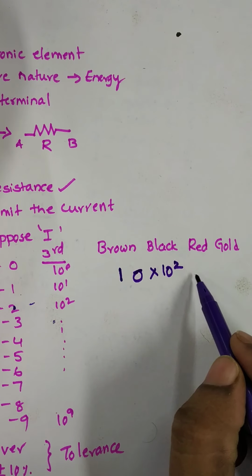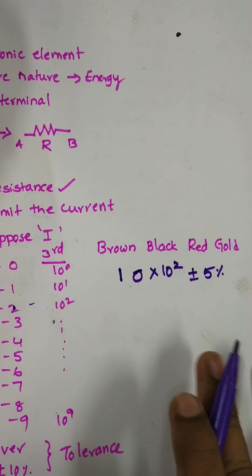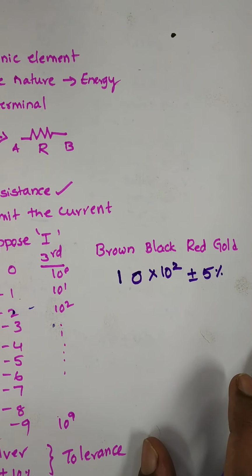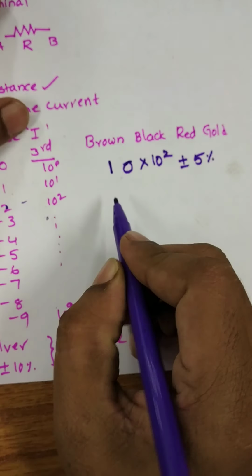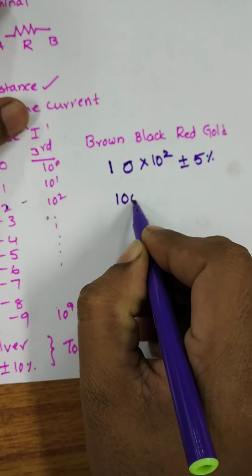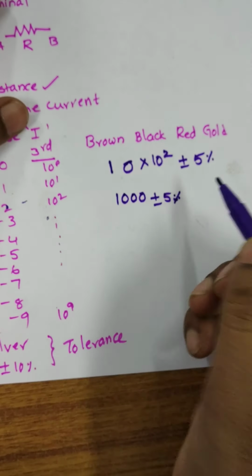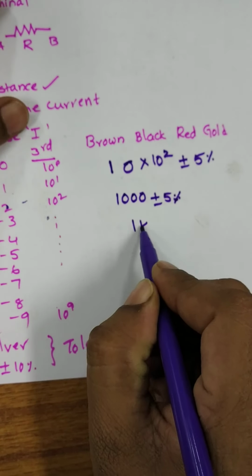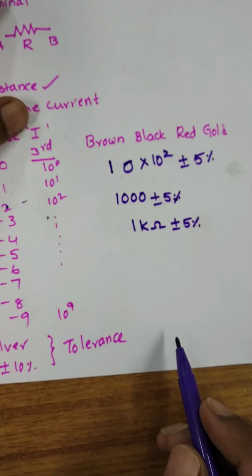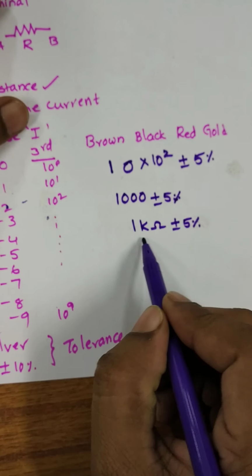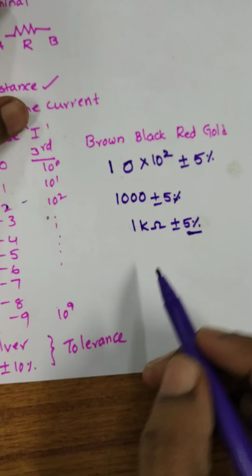Gold is plus or minus 5%. So the final value is 1000 plus or minus 5%, which can be said as 1 kilo ohm plus or minus 5%. What does plus or minus 5% mean?